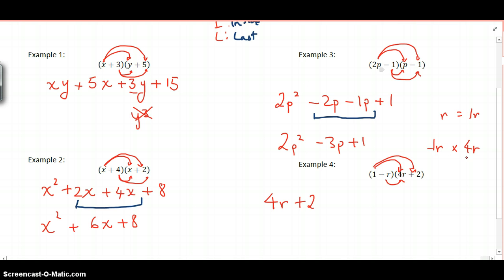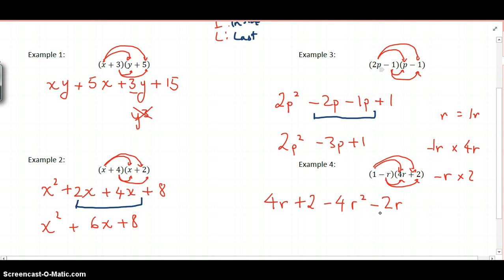So what is minus 1 times 4? Minus 4. And what is r times r? r squared. And the last two terms are, so I'm going to write this here again, minus r times 2, so that becomes minus 2r.